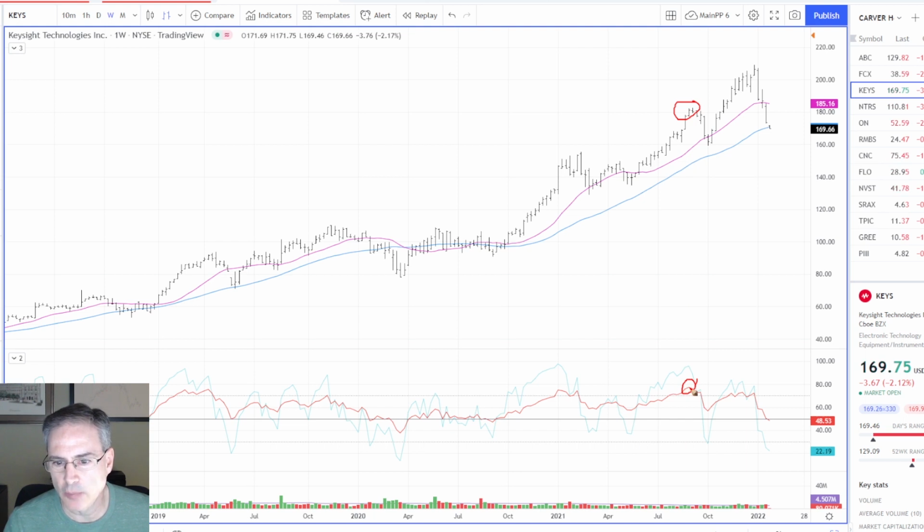And then we get a pullback in the red line. But what we're looking for is really the pullback in the 5 RSI, because that's the overbought, oversold oscillator. And when I've talked about this in the past, I've said as long as we can get the RSI 20 to stay above 50 and the RSI 5 to drop under 50, then we could look for opportunities.